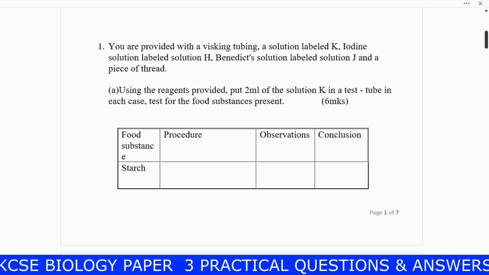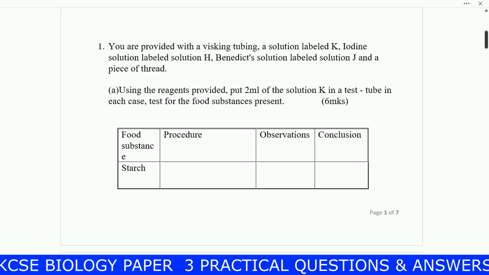You are told: A, using the reagent provided, put 2 ml of solution K in a test tube. In each case, test for the food substances present. So what is important here is for you to understand the solutions, because they are not telling you which solution is there. They have just labeled them K, J, and H.